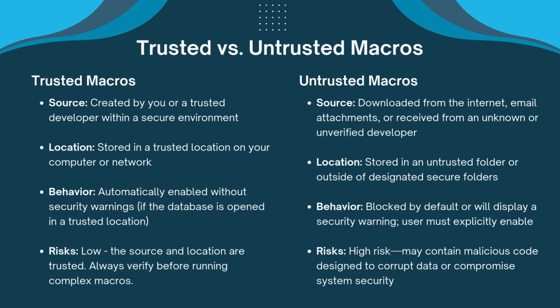On the other hand, untrusted macros come from unknown or unreliable sources, maybe a download from the internet or an email attachment. Access will usually block these macros or show a warning bar because they might contain harmful code. Always double check before enabling macros from untrusted sources.